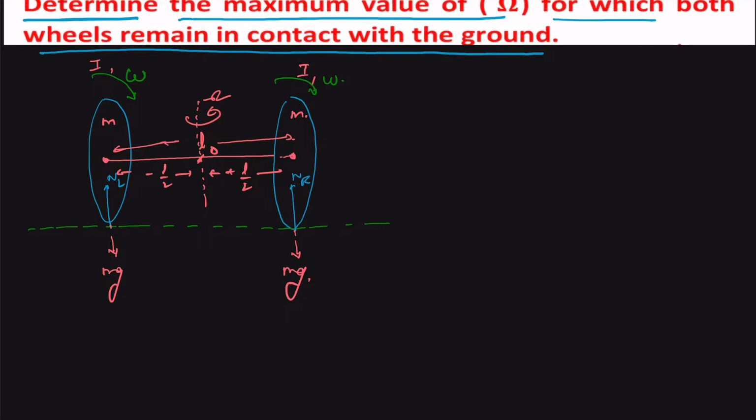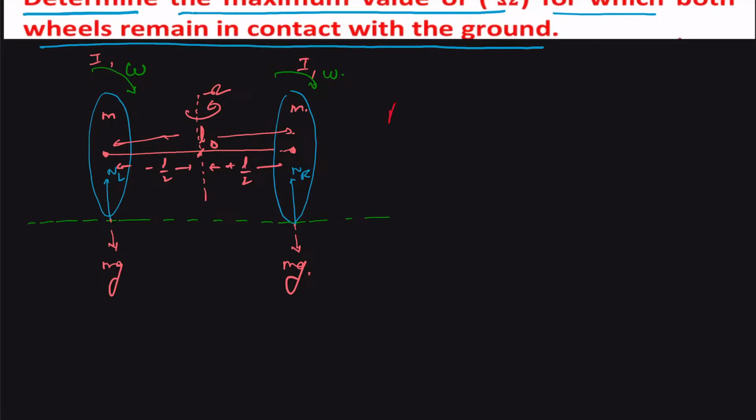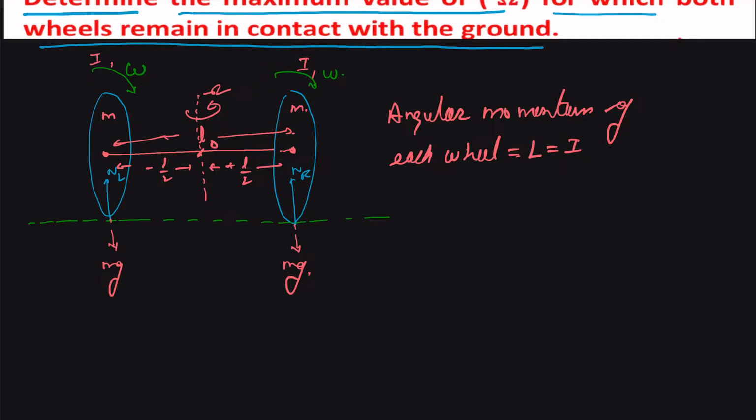Therefore, we can write that the angular momentum of each wheel, let us suppose that is our L, will be equal to I times omega.